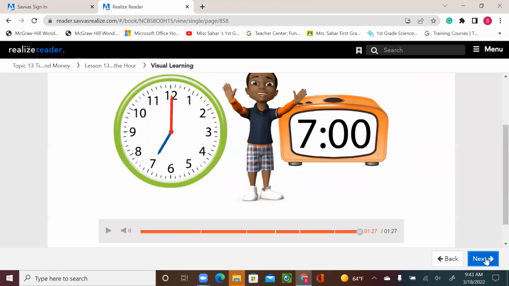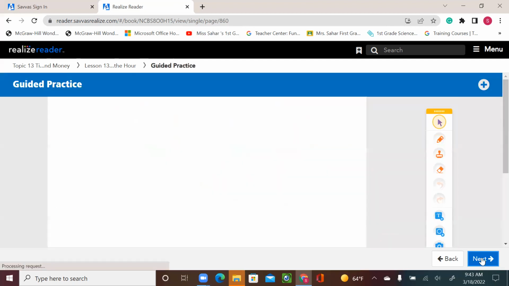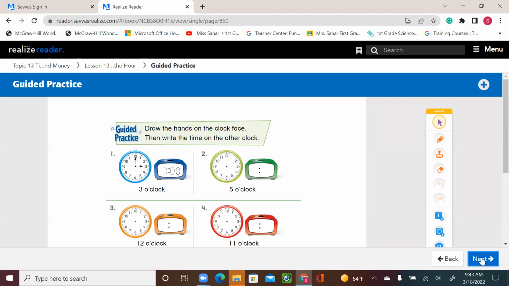All right, so let's go to our guided practice and see the exercise we have. Draw the hands on the clock face, then write the time on the other clock. So this is the analog clock, or the clock with the hands, where we're going to draw the hour and the minute.